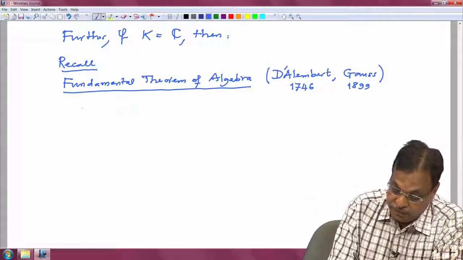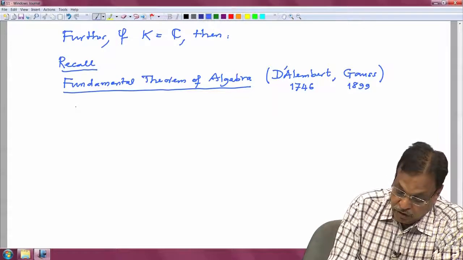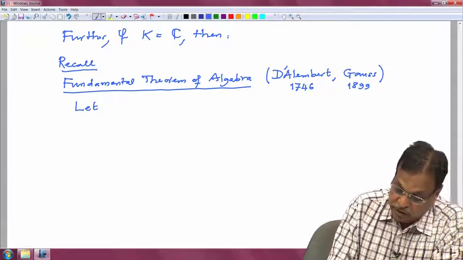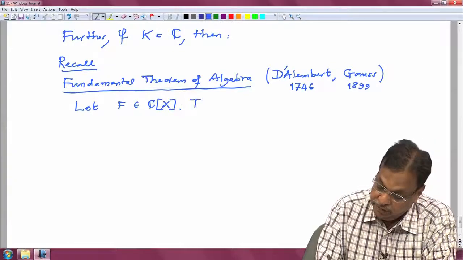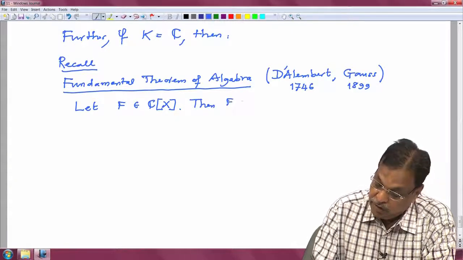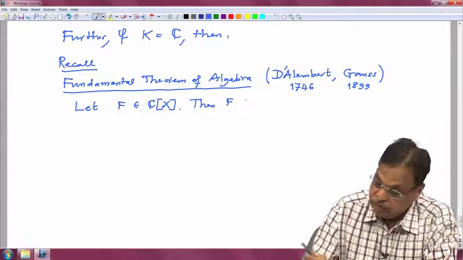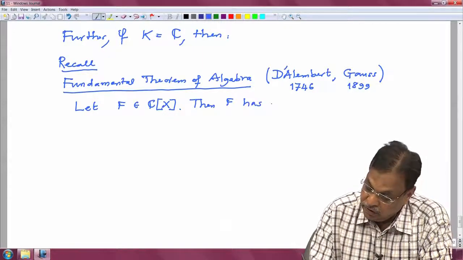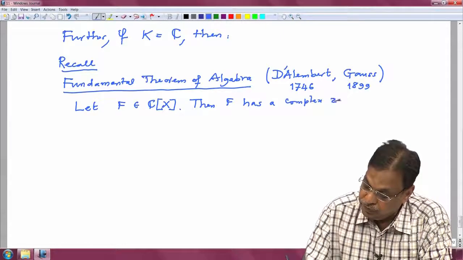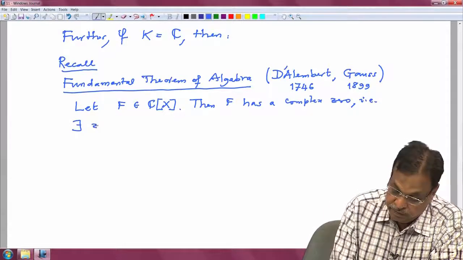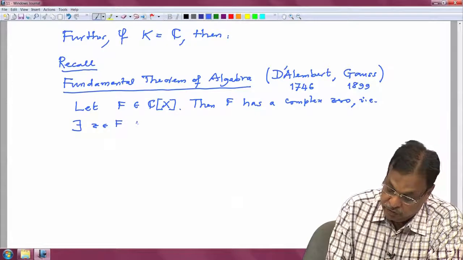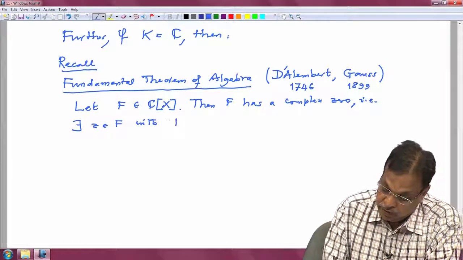It says that if f is a polynomial with complex coefficients, then f has a complex zero. That means there exists a complex number z with f of z equal to 0.